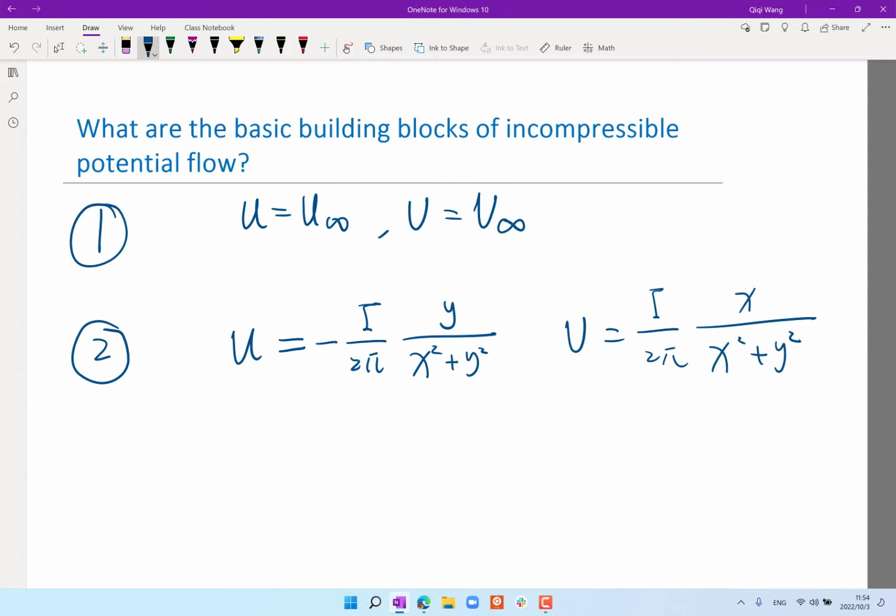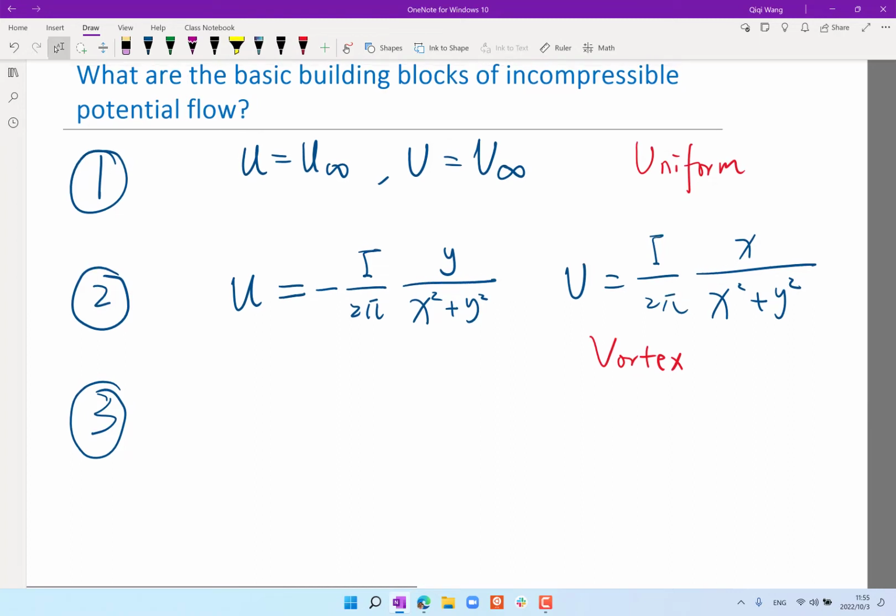So here I'm going to introduce a third building block, and that's all, right? The basic building blocks of incompressible potential flow are just three things. That's uniform, that's a vortex, and the third one is called the source, and when the value is negative, it's called the sink.